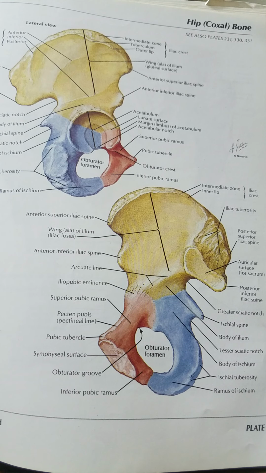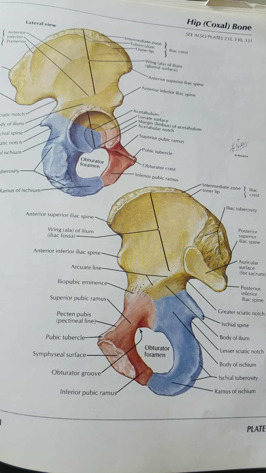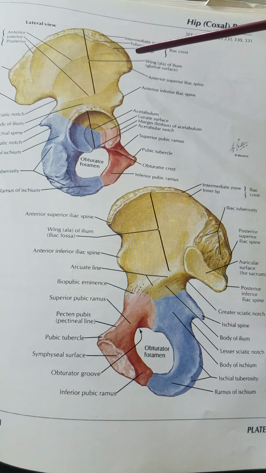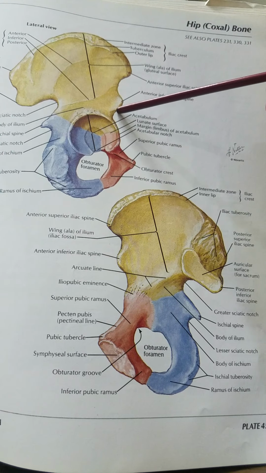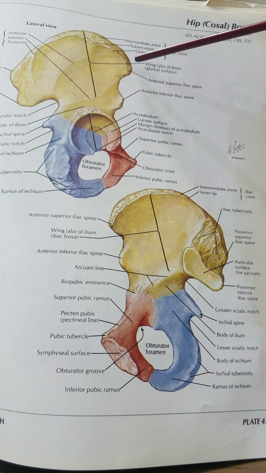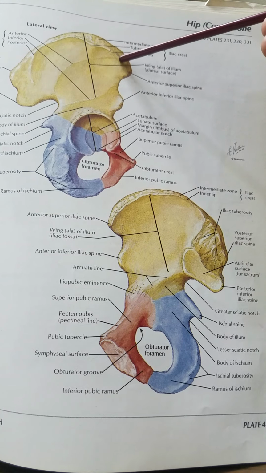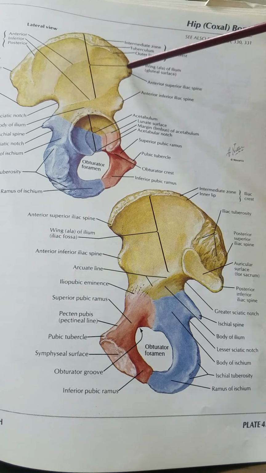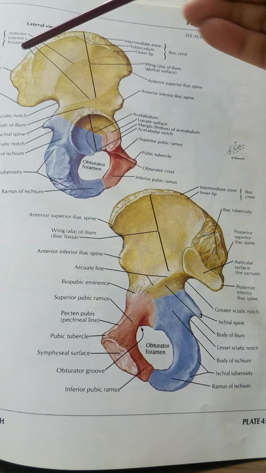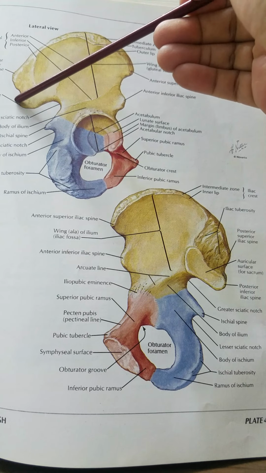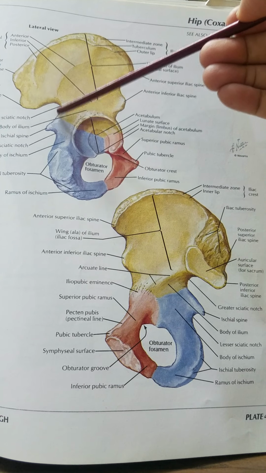Now, along with these two ends, the ilium has three borders. So it has an anterior border, which starts from the iliac crest, which is this part, and a posterior border, which is this one here.